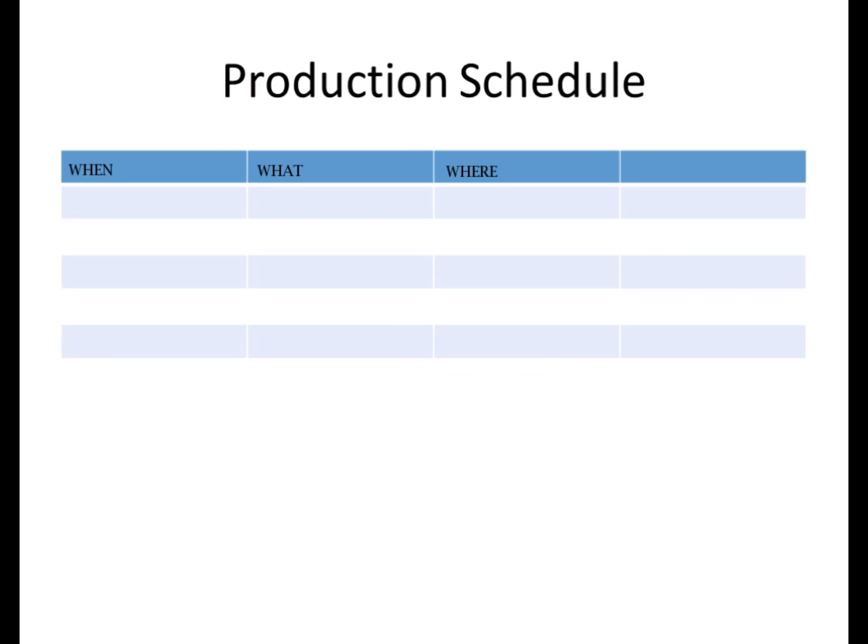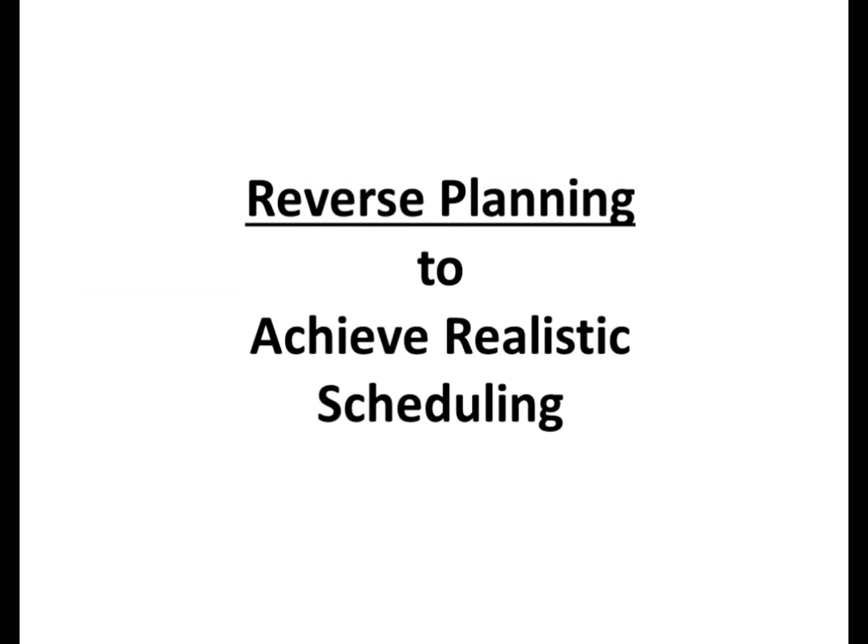So here comes the truly challenging piece, and that is what activities need to go on your production schedule. You want to practice what we call reverse planning, and this is done to achieve a really realistic schedule. So let's go back to our simple business meeting that begins at 9 o'clock.